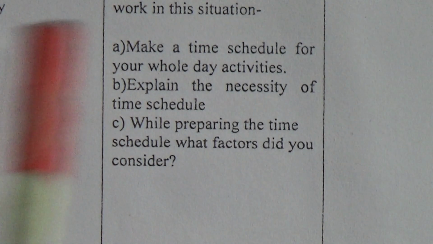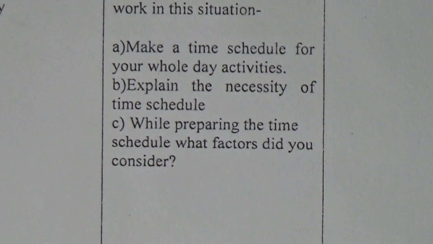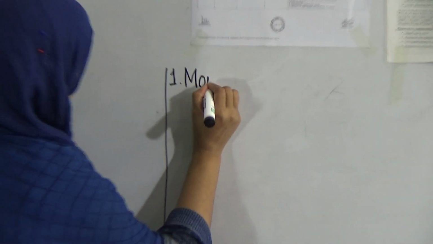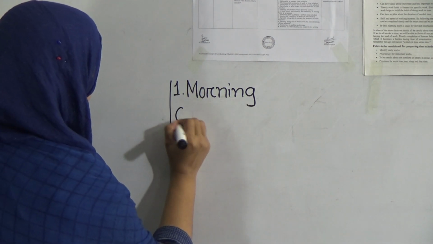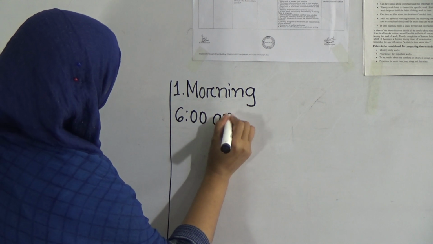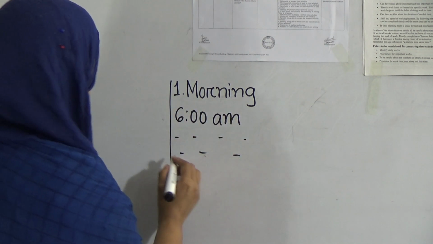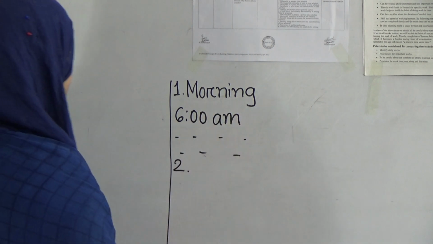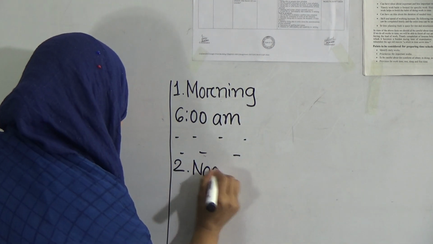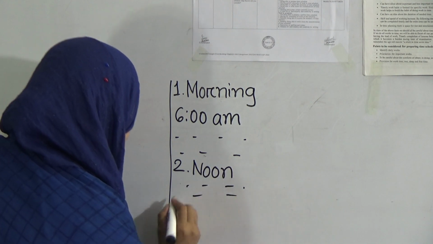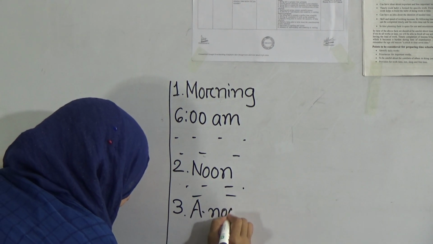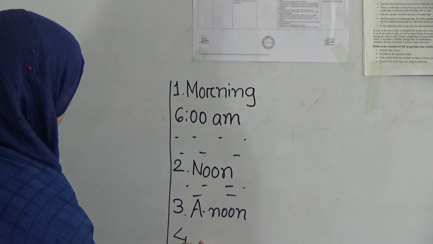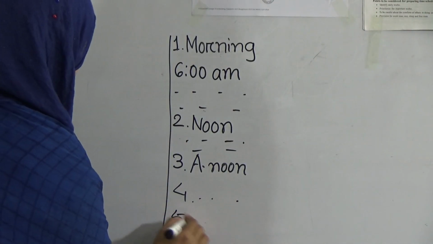So students, if you want, you can write like this on the page. First one, morning, and then you can mention time like 6 a.m. Then some other times, then you can mention morning, then noon, then you can write about the time schedule of noon, then afternoon, then about your evening, then about your night.